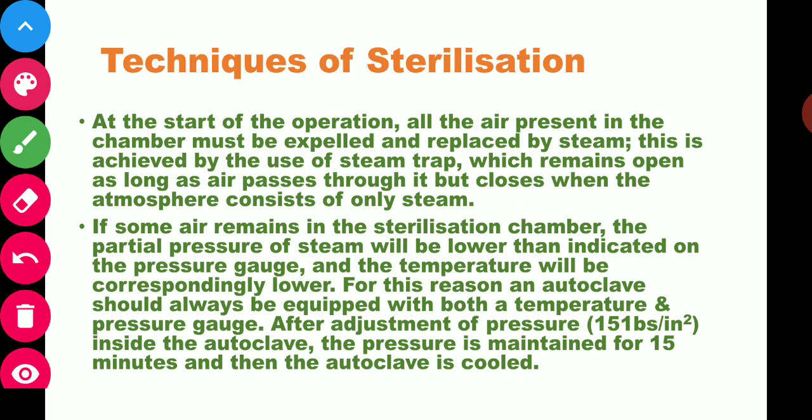For this reason, an autoclave should always be equipped with both a temperature and a pressure gauge. After adjustment of pressure to 15 lbs per square inch inside the autoclave, the pressure is maintained for 15 minutes and then the autoclave is cooled.